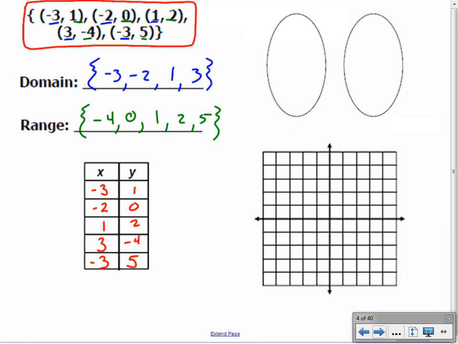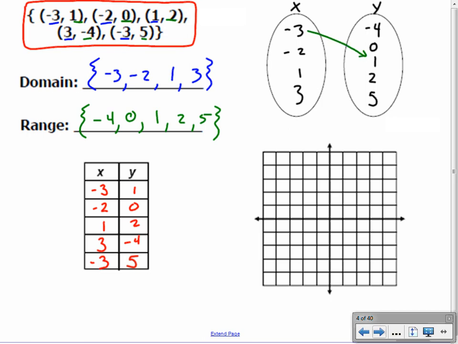Another way to do that would be to make something called a mapping diagram. In a mapping diagram, we have our x's, or the domain, in this left bubble, and our range in the right bubble. So let's just copy down our domain values that we have, and our range values. And since it's called a mapping diagram, we're going to draw an arrow from the x value to the y value that it's paired up with. So if you look back up into that red box, -3 was paired with a y value of 1.